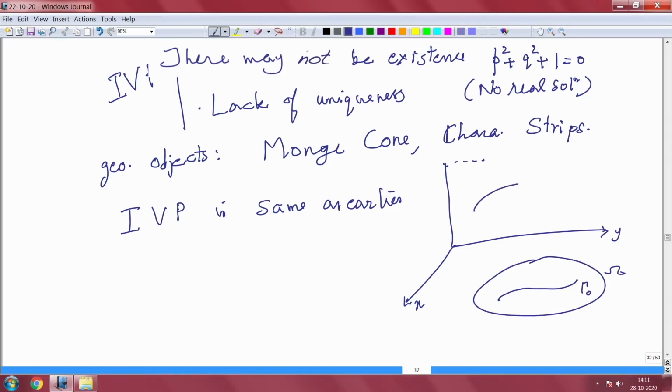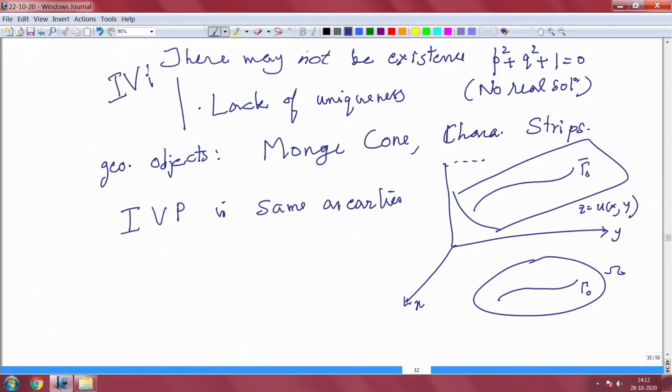So, you have a lifted initial curve gamma naught bar, and you look for a surface z equal to u of x, y. That is what is called the integral surface. These are the things we have done. So, we have to find a characteristic surface passing through a lifted initial curve. As far as the initial value problem is concerned, there is no issue.